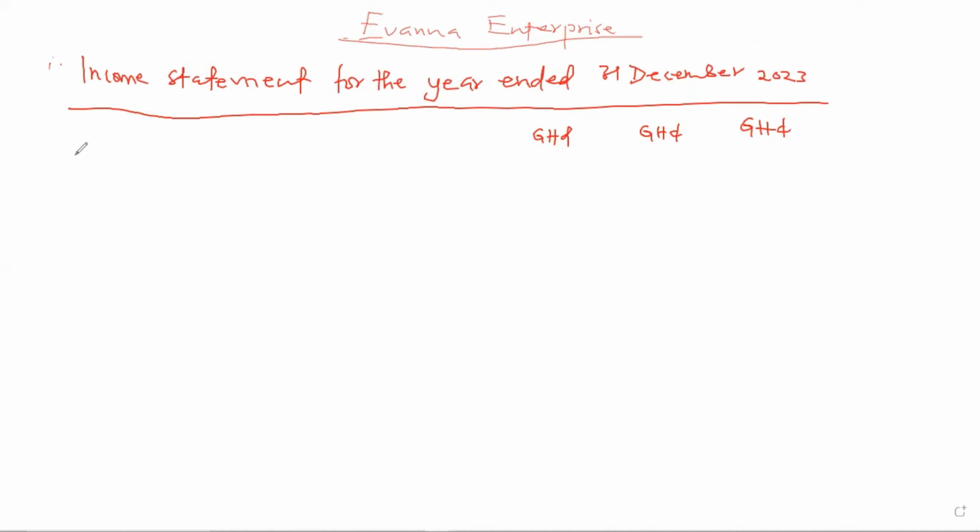When we look at the question, the sales amount is 195,870. After this, you look through to see if you have return inwards. Some of the goods that we sold were returned, which means we were not able to make profit on them, so we have to deduct them from the sales to get the actual sales.